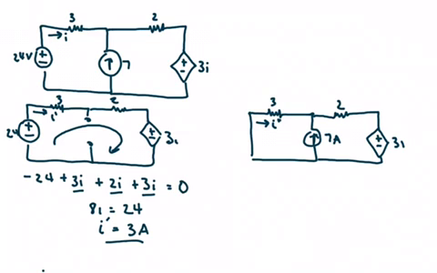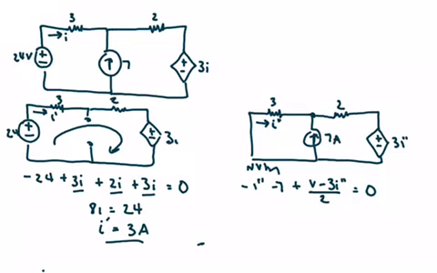Okay, so for this one we can use node voltage method. And we'll say we have minus I double prime minus 7 amps plus V minus 3I double prime over 2 is going to equal 0.